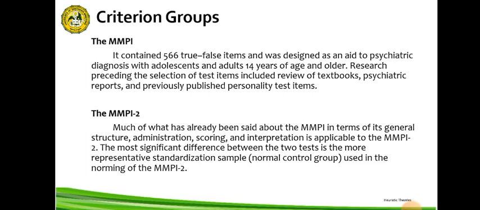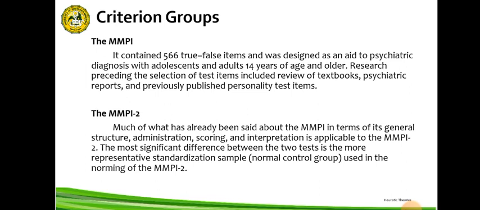As I was saying, this was designed using criterion keying, in which it analyzed the differences between groups of people. For instance, the test was administered to people without a certain condition and to those with a certain condition, such as depression. Then the ways in which the groups differed on specific criteria was analyzed.